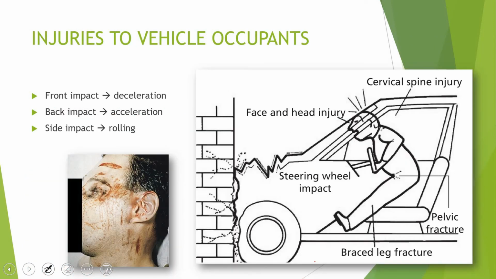Now we move on to injuries to the vehicle occupants. I think we should recall that the paradigm we previously established is that transportational injuries can be broadly categorized into injuries to pedestrians and injuries to vehicle occupants.